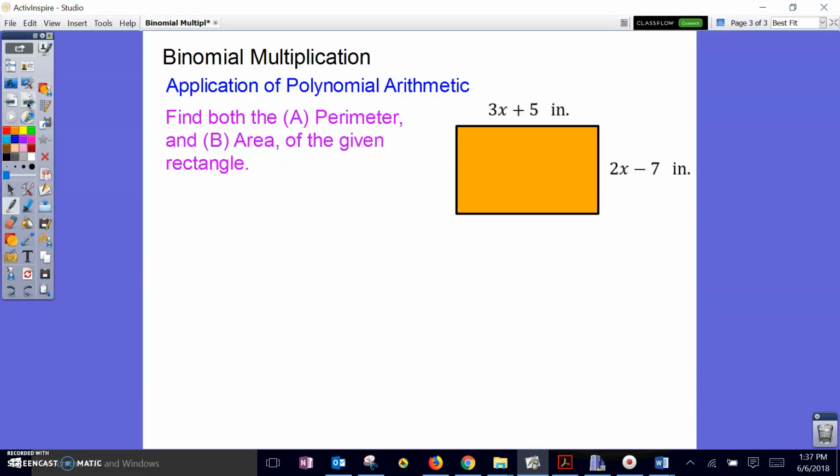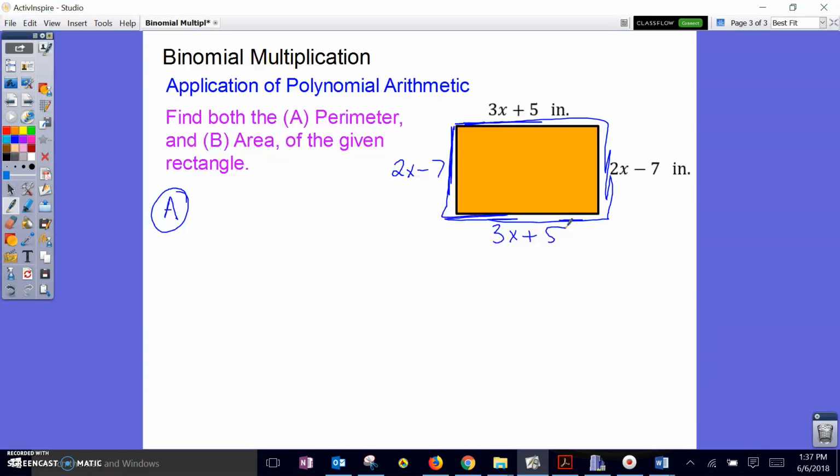Now, if you remember, perimeter is the measurement that we get when we measure all the way around the outside of a rectangle. And so we want to add the lengths of all four sides together. Realize, since this is a rectangle, that this side is 2x minus 7. And this side is 3x plus 5, because the opposite sides of rectangles are the same length.